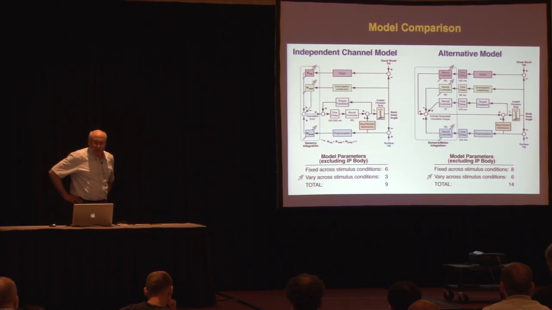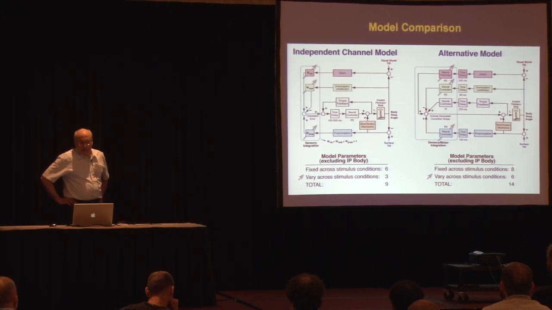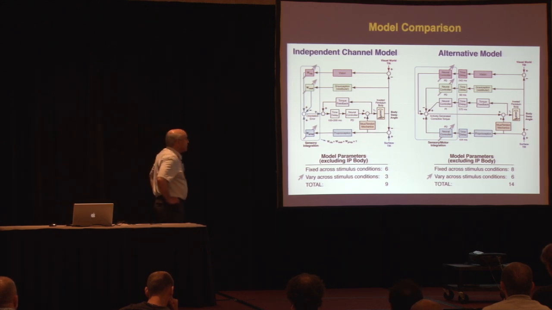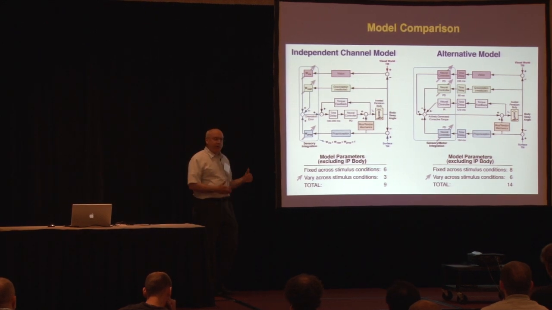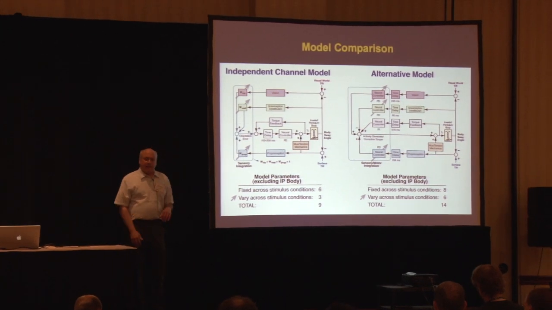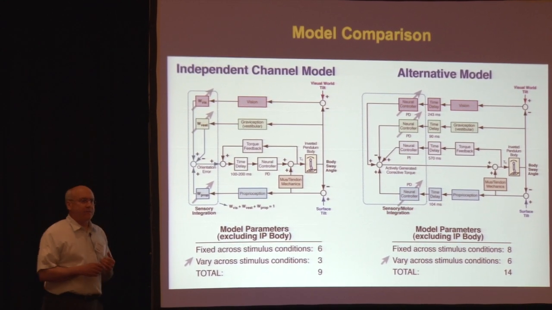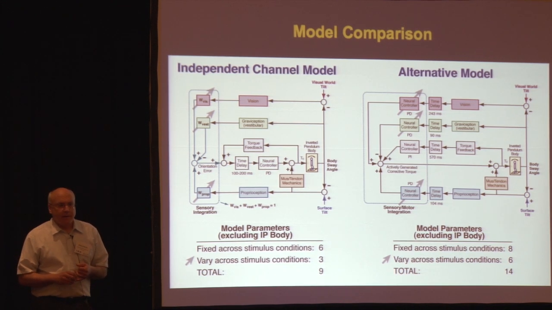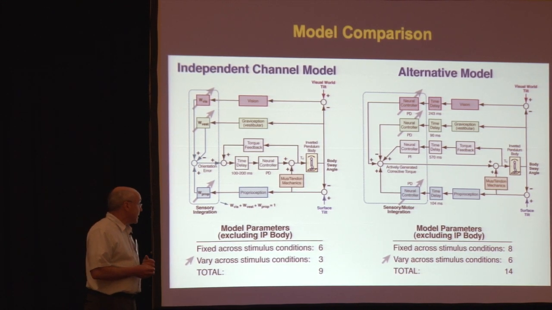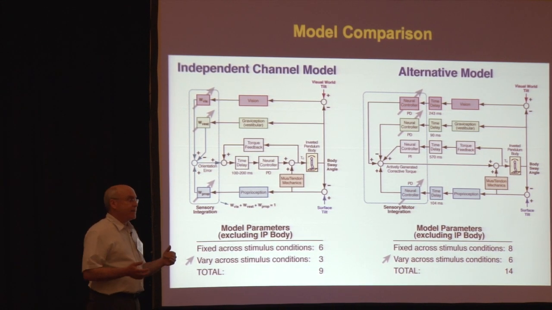So the pretty good versus very good model. The independent channel model, as I said, was good up to about 1 hertz, but data above that, you just can't make it work as well. And so we considered various other modifications of the model in order to see if we could explain everything.